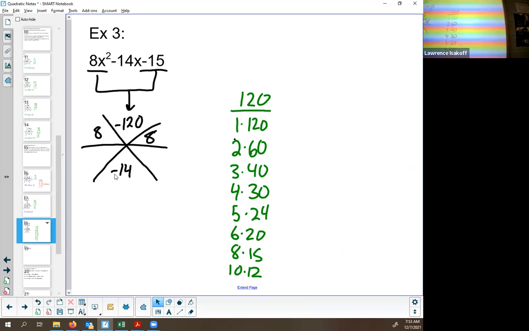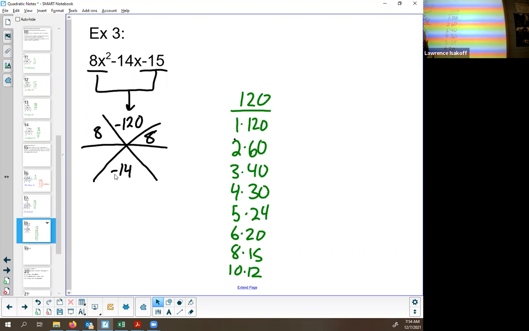While we were listing them out, did anybody notice a pair that can make a 14? 6 and 20. Now, here's what I'm going to say. If you're seeing you need to make this long list, well, right when you write 6 and 20, you notice you get what you want. You can stop the list there, okay?